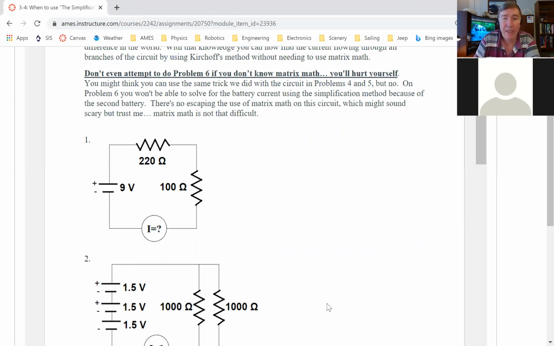Okay, so go ahead and get working on that. If you have no idea how to do it, well, let's just sit and wait. Your goal is to find out what is the current flowing through this circuit. So go ahead and get working, and I'm going to sit here quietly and wait. If you have no idea how to do this, well, you'll have to sit quietly too.